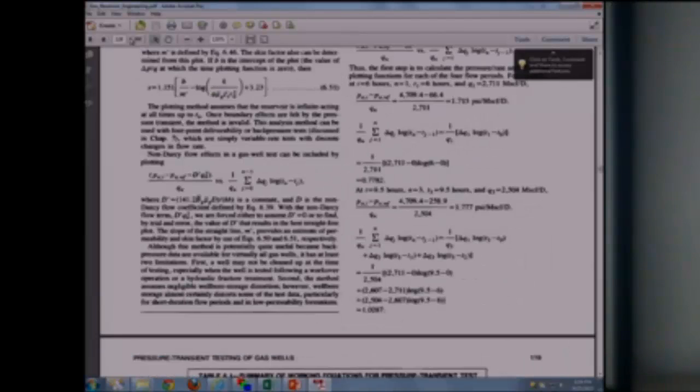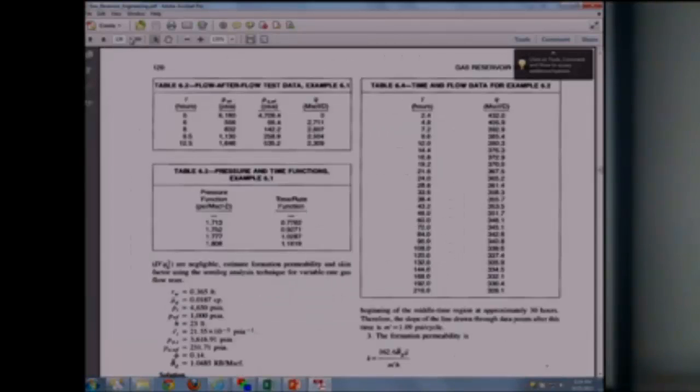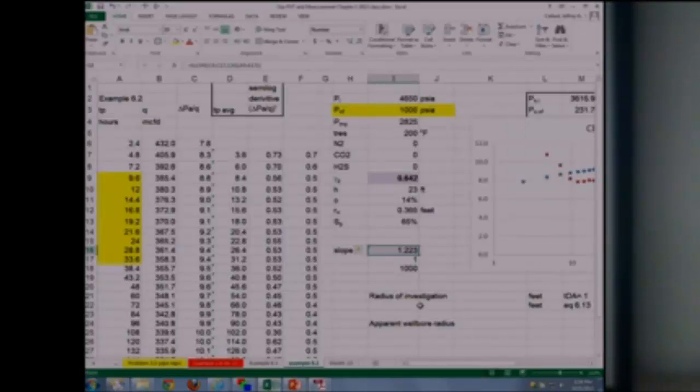Example 6.2, right? Here we go. So they got a slope of 1.09 psi per cycle, and see, I got a little bit steeper slope.